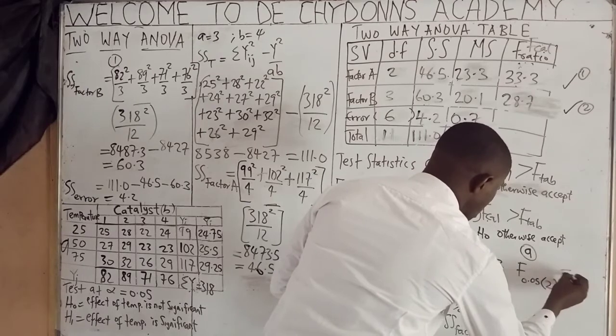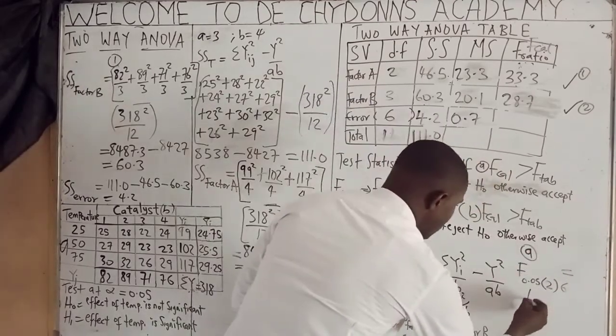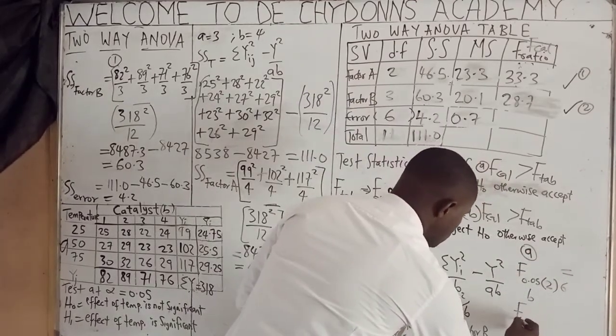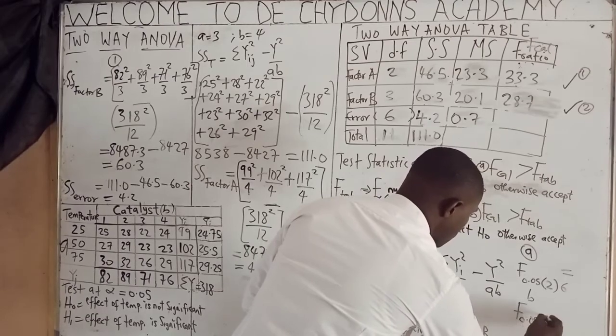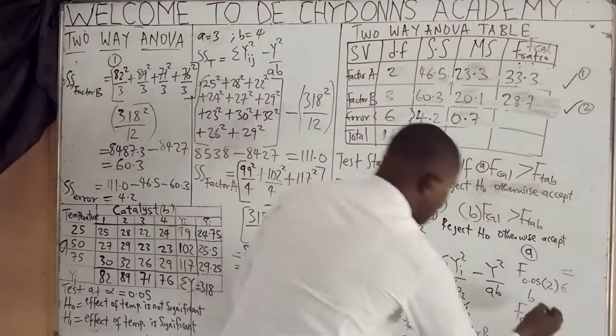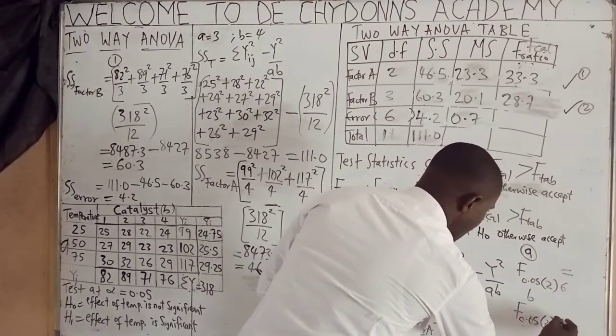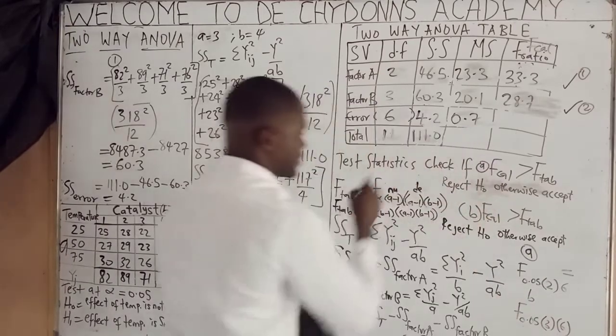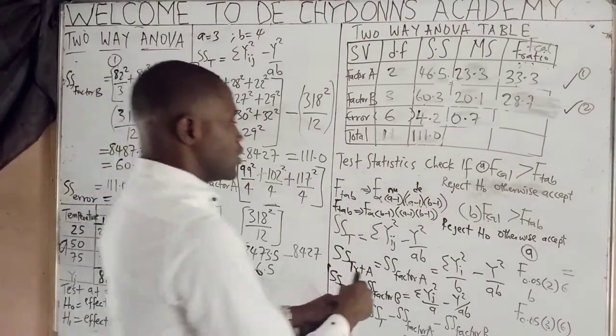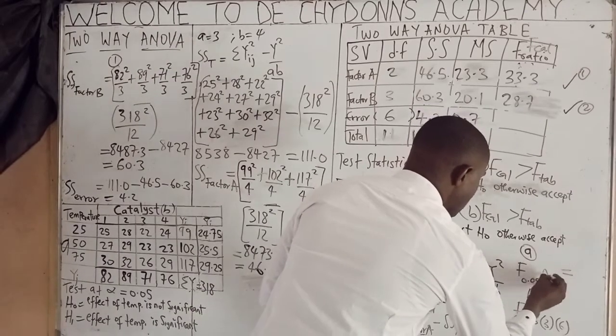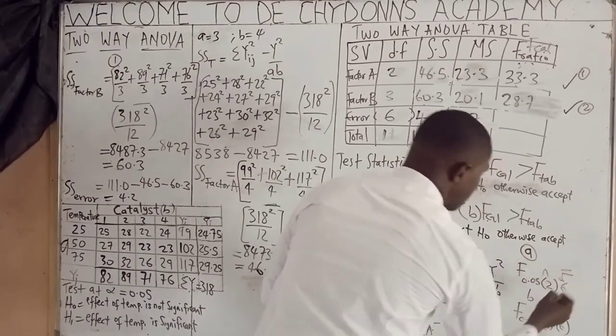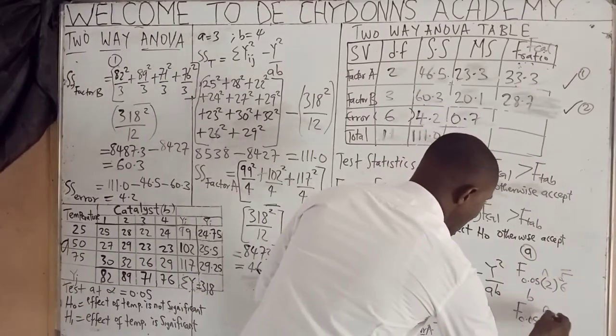I know what it will give you. The next one, you say F 0.05 bracket 3, 6. So this will serve as your numerator, while the other one will serve as your denominator. Numerator and what?